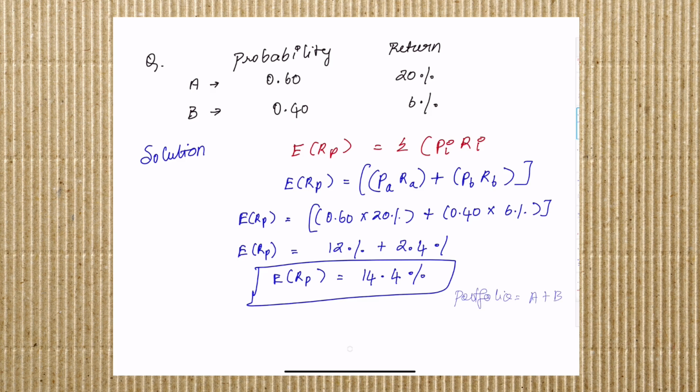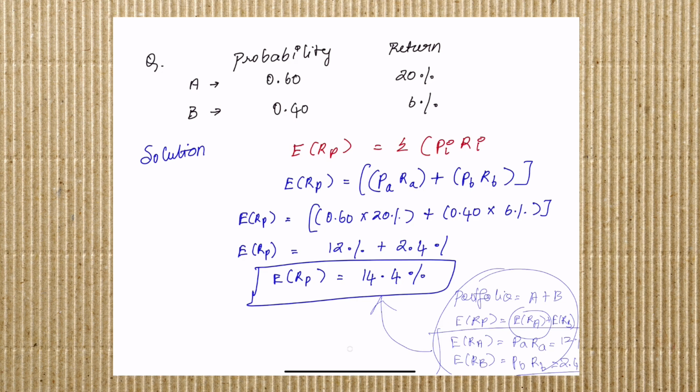Here two stocks are there, so ERP is what we wanted. We have to add the expected return of stock A plus the expected return of stock B. So I am going to find each separately. If I use this formula, PA RA comes to be 12%, then the second one, PB RB, comes to be 2.4%. Now if I add these two, it will be your expected return of the portfolio.